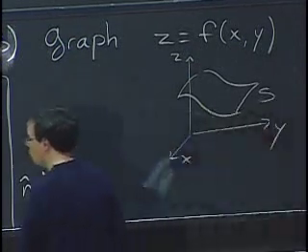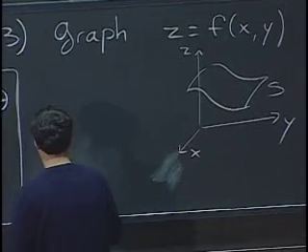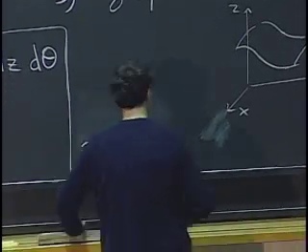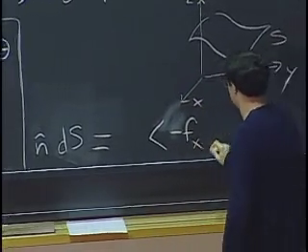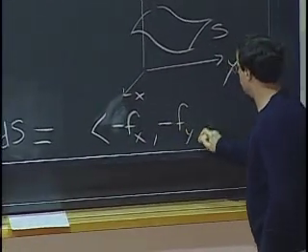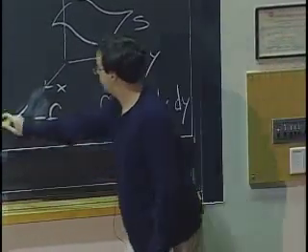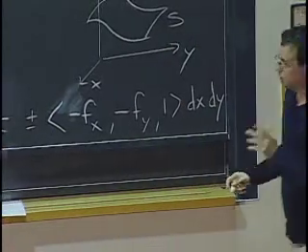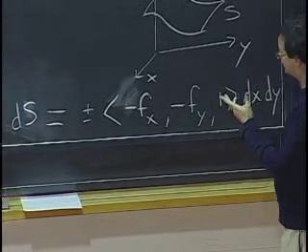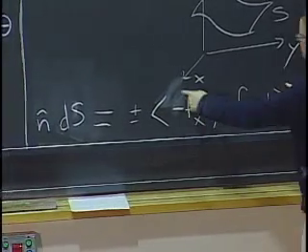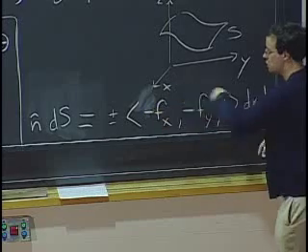The formula that we're going to see, and we'll see the details of why it works tomorrow, is that you can take negative partial f partial x, negative partial f partial y, and 1, times dx dy. Plus or minus, depending on which way you want it to go. If you really want to know what dS is, dS is the magnitude of this vector times dx dy. So there will be a square root and some squares.